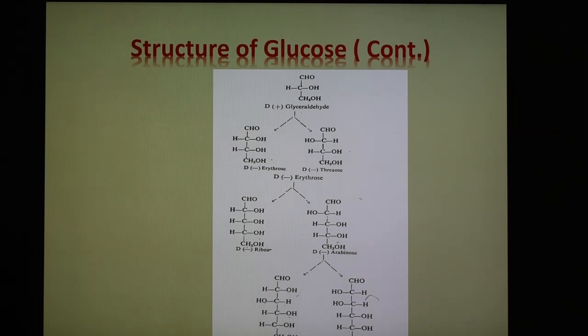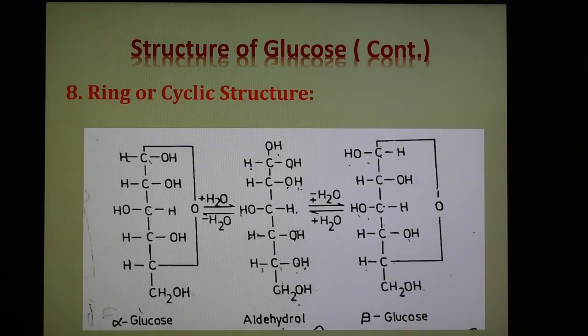So step by step we obtain D-glucose from glyceraldehyde. This is the flow chart, and the next topic is the ring or cyclic structure of glucose.